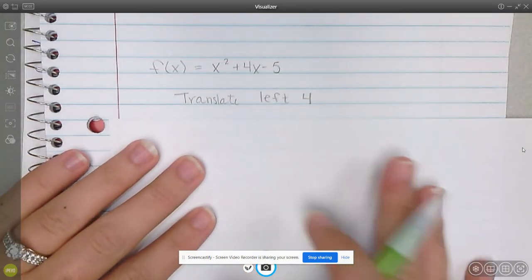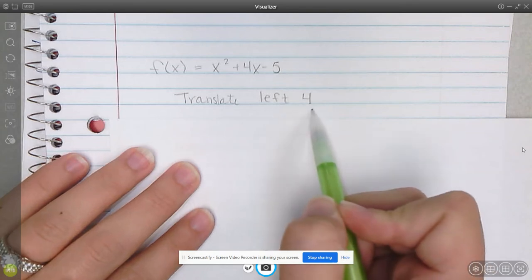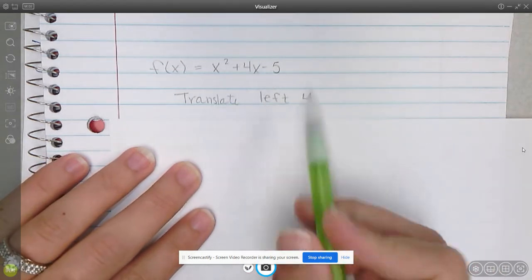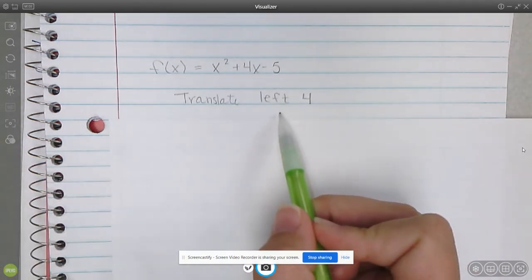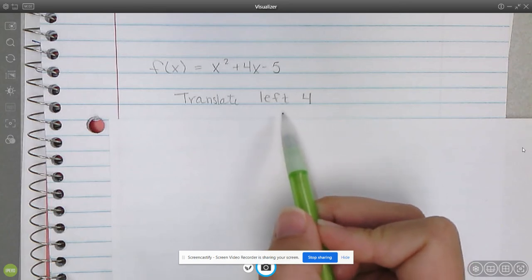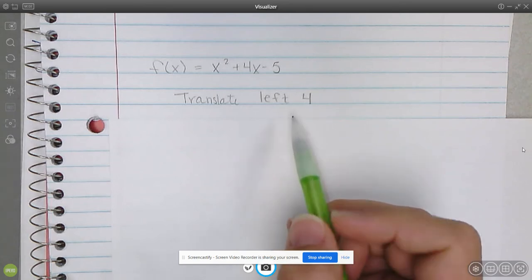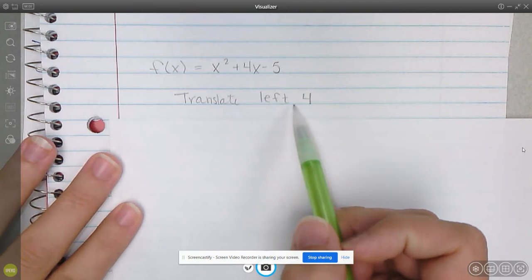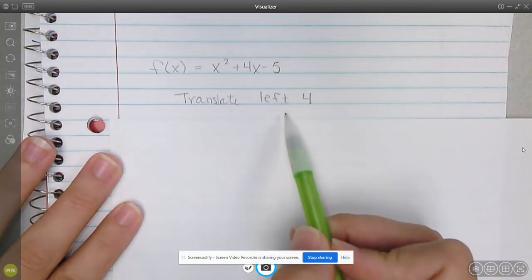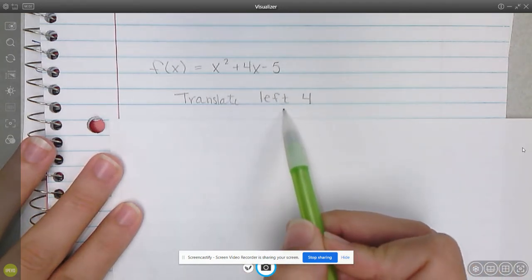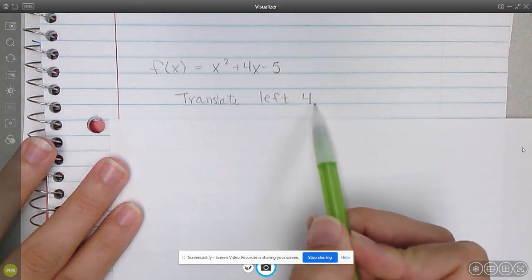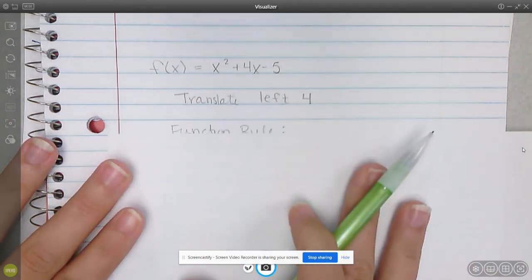Okay, so this one we are going to translate left 4. So it's the same original function. If you're going left or right, don't forget that it's the opposite of what you would think. So if you're going to go left 4, you're really going to add 4 to every single x value.